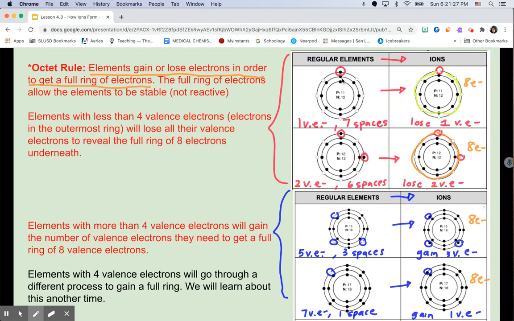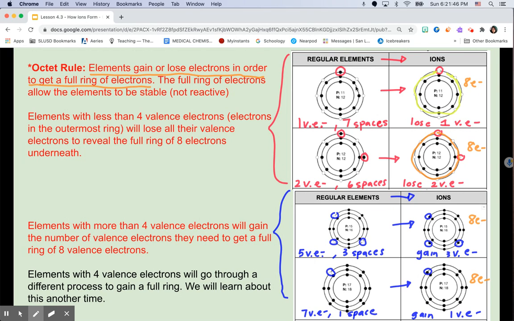So if I have less than 4 valence electrons, it's easier just to get rid of 1 electron than to find 7 more. If I have 2 valence electrons, it's easier to get rid of 2 than it is to find 6 electrons, right?